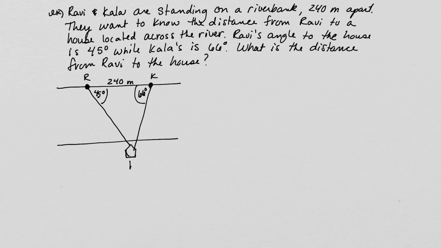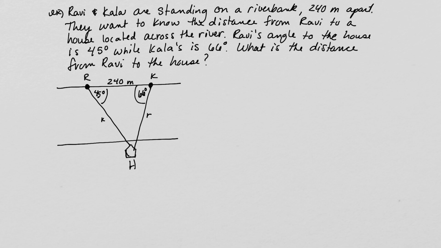So if we call the house capital H, I have a capital R, a capital H, and a capital K. We could label this side here lowercase k, and this would be lowercase r, keeping with the idea that angles are capital letters and sides are lowercase letters. So we're really trying to find lowercase k.